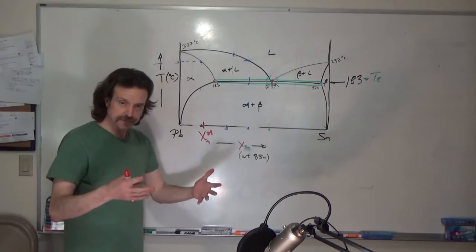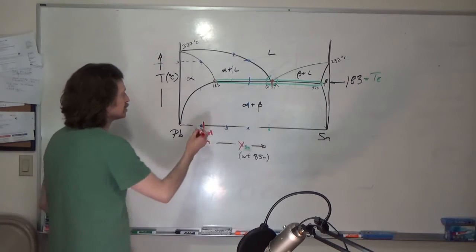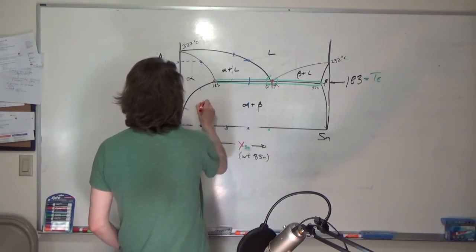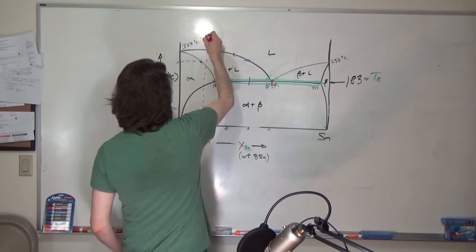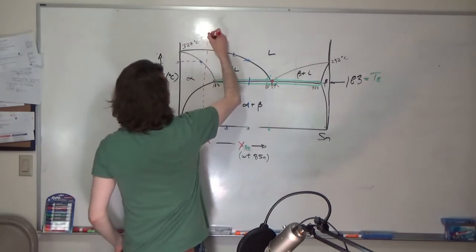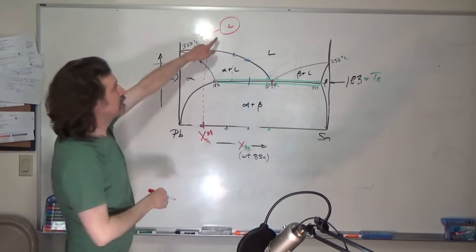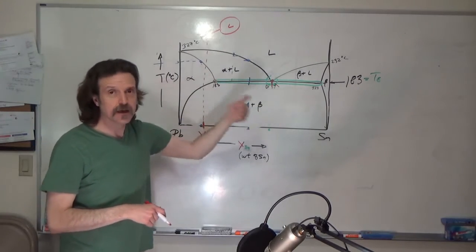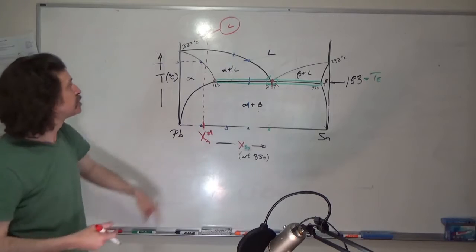So let's say you got your system, you put in some lead, you put in some tin, you heat it up until it's liquid. So we go up in temperature, and we're up there. At this point, what we have is pure liquid, 100% liquid phase, and the liquid composition is XSN star 1.